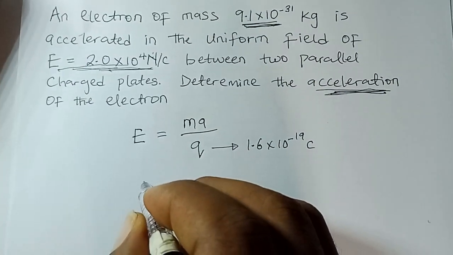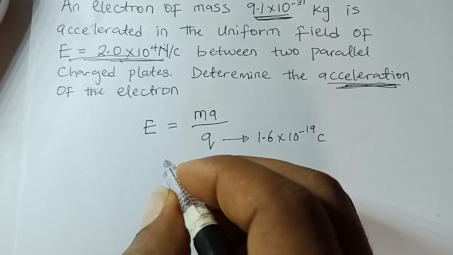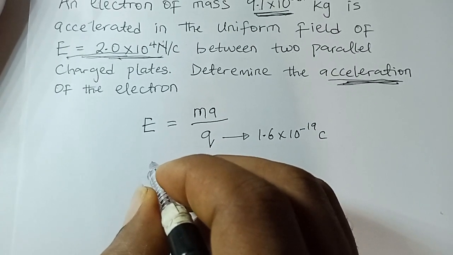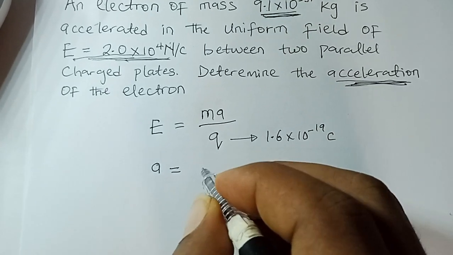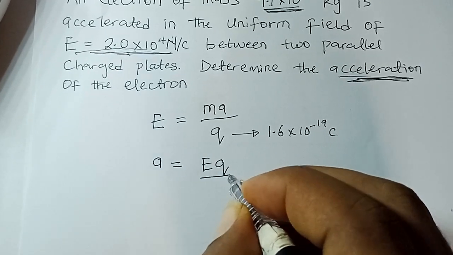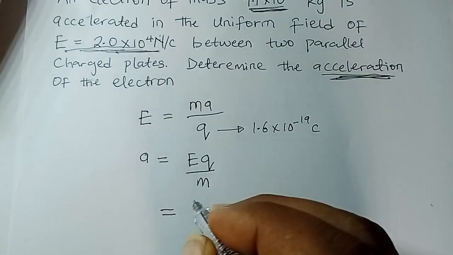I'm going to be quick about it. If you don't understand subject of formula, you just need to go for my maths class. So we have A equals EQ all over mass. So we input the details.